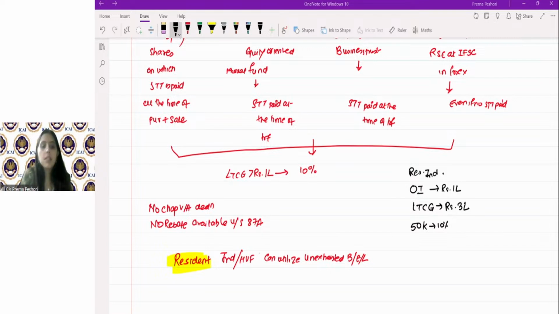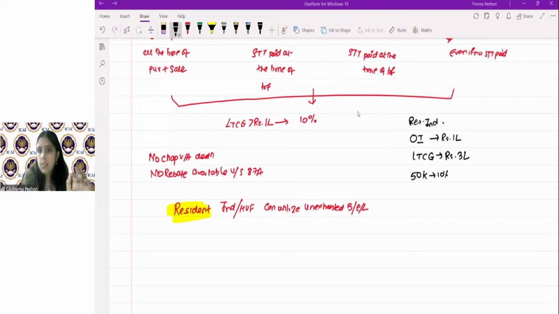Are we clear? Okay. So now moving forward, there are certain transactions which are covered here even if the STT might not have been paid on those transactions.